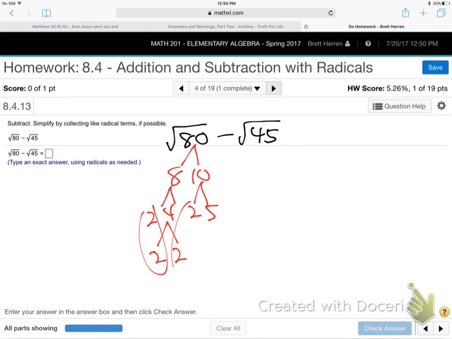We got 2 2's here and 2 2's there. So 2 2's in, 2 2's in. So each sends 1 2 out. That was a times dot there. 2 times 2 on the outside. So that's 4 square root 5.